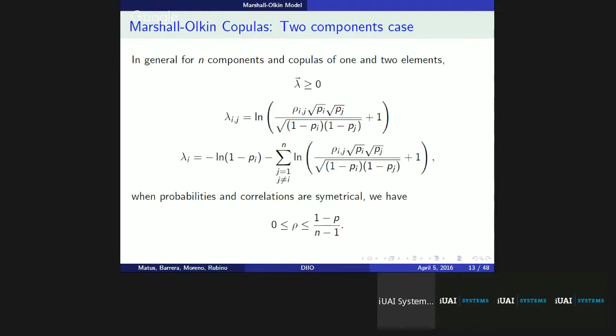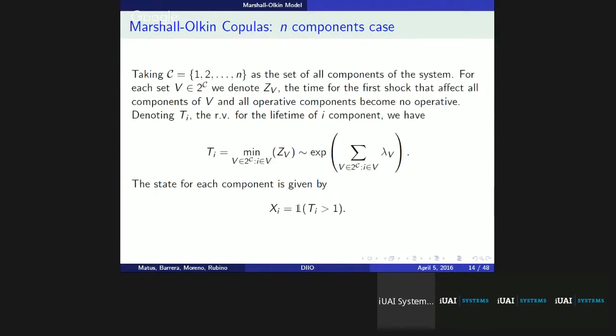Yes. What I do at this moment, I don't have more, but I have an option. I can define more shocks in the system. Here I only have shocks for each component and for pairs of components, but I can define shocks for every set of components. All the subsets of components have a shock, and that is the idea.